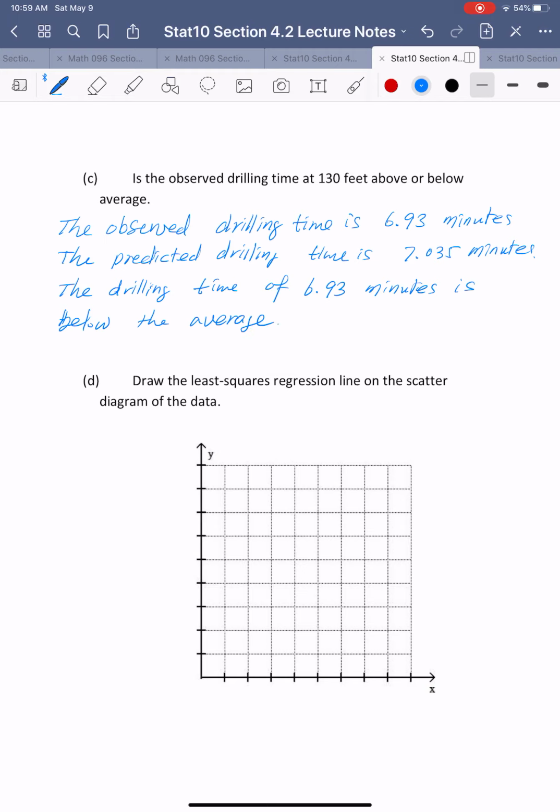Okay. And then D, draw the least squares regression line on the scatter diagram of the data. So if I use the table that we have here, let me label the x as depth in feet, and the y as time in minutes.